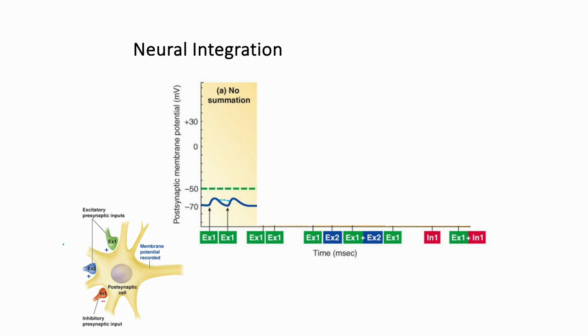So these signals that are being sent by excitatory 1 are reaching the axon hillock too far apart, right? So the signal dies off. This is where we're recording this potential that you see up here at the axon hillock. So signal 1 comes in, and then shortly behind it, signal 2 comes in from the same neuron. But they're not close enough together that they would add together at the trigger zone here.